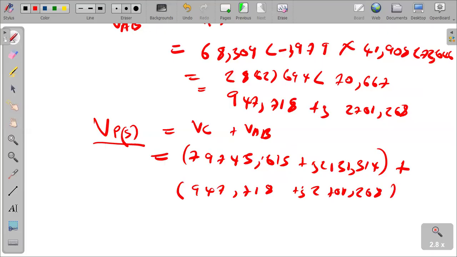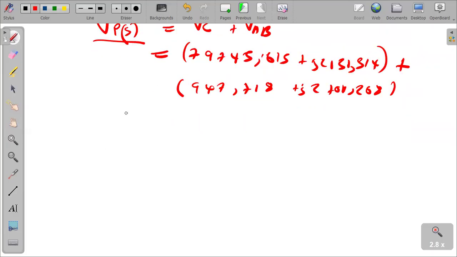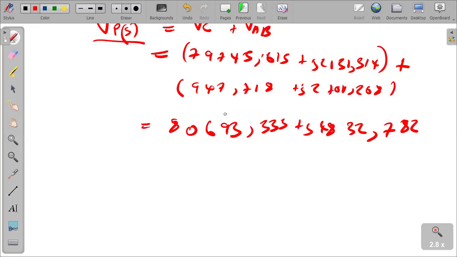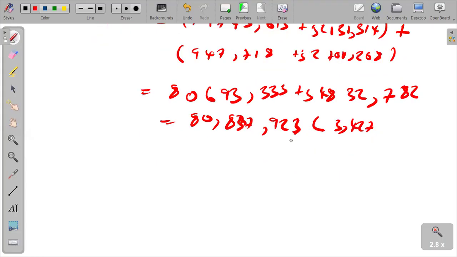And what do we get? That gives us 80,693.333 plus J4832.782, which is equal to 80,837.923 angle of 3.427 volts. That marks our sending end phase voltage.